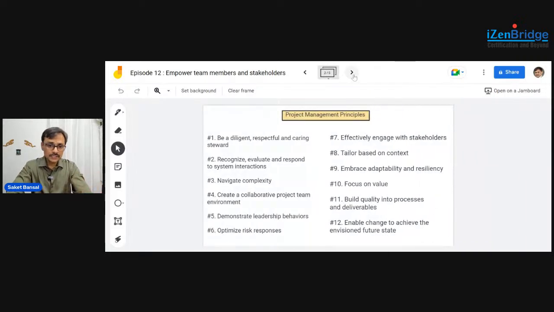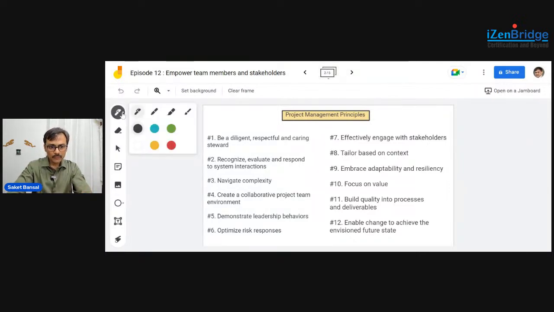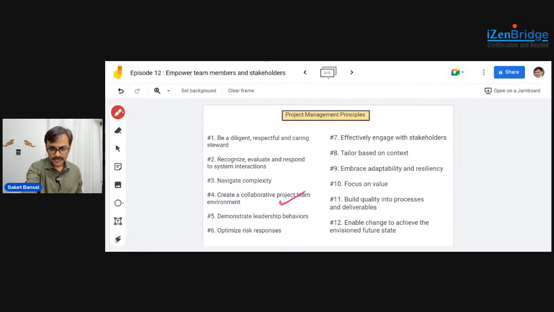And as usual, if I refer you back to the principles, as we discussed sometime before as well, most of these principles which fall under the people domain will keep talking about creating a collaborative project team environment. So yes, in order to empower team and stakeholders, I need to create a collaborative environment. I need to be a respectful, caring steward, so I need to focus on servant leadership.